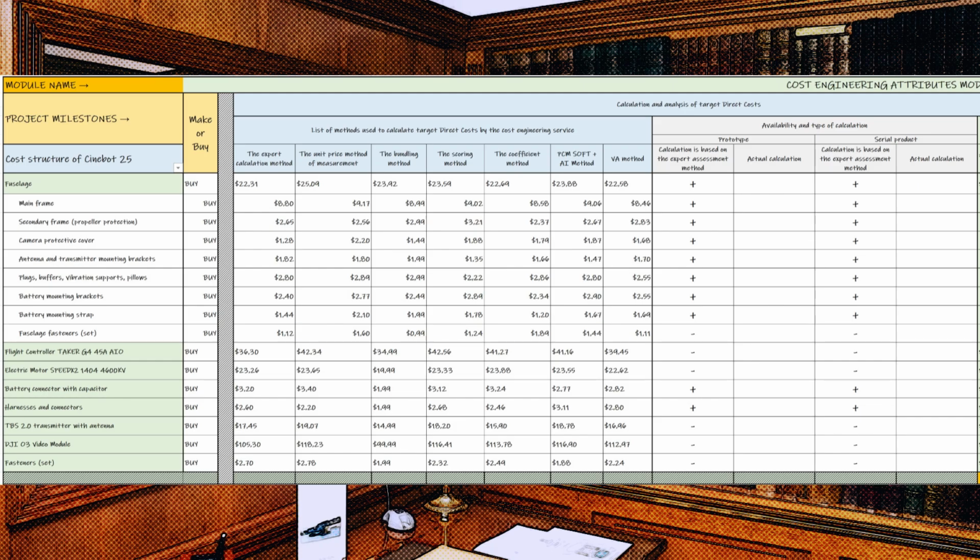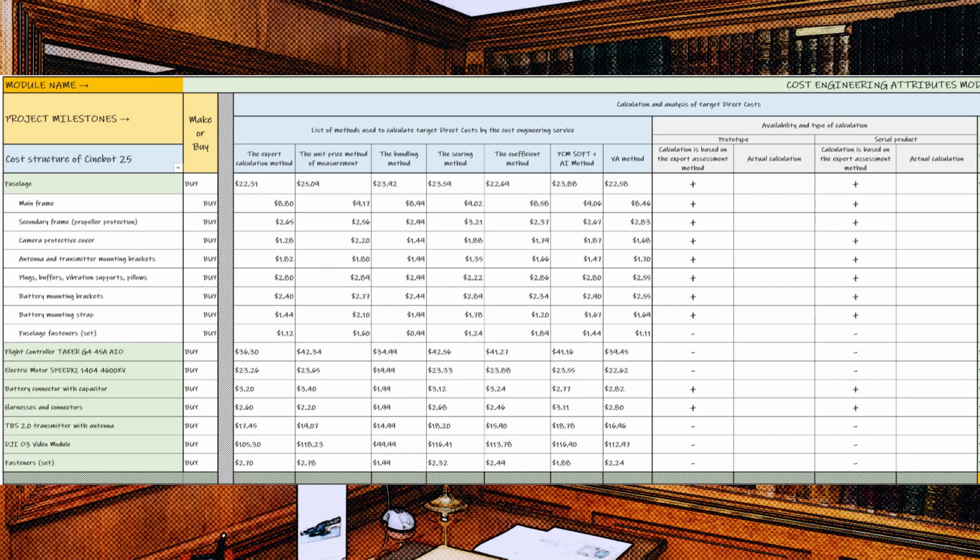Note the individual nuances of filling in this block. Firstly, for the various target price calculation methods, the total value of direct costs isn't given in this block, but its approved value, in this case $222.44, is already given in the approved target value column of the target cost estimates for a serial product block, which we will consider below.